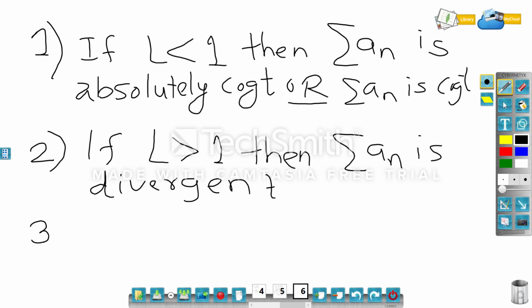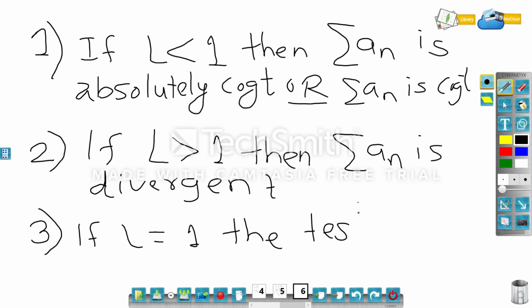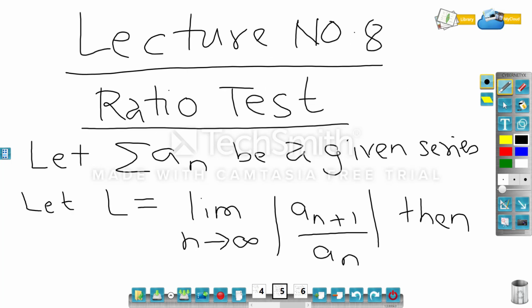And the third part of the theorem: if L is equal to 1, then the test fails. In that case, we cannot apply the theorem. The test is inconclusive. We will not prove this theorem, but of course we will have problems based on this theorem.